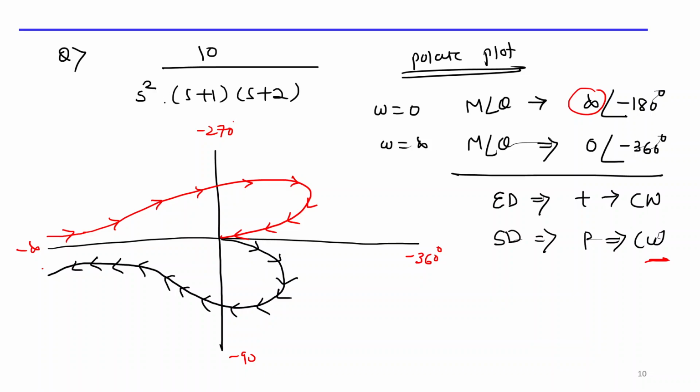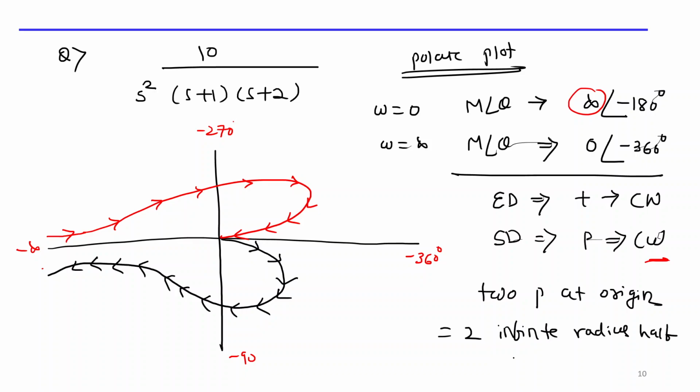Now you see how many infinite radius half circles. There are two poles at origin, so two infinite radius half circles. First draw one infinite radius half circle.